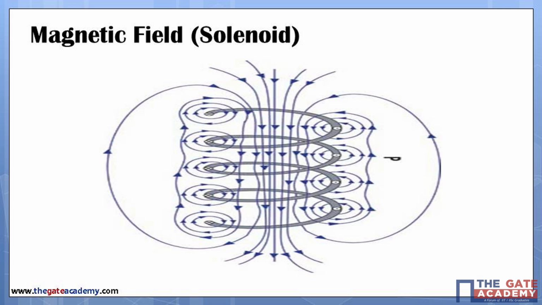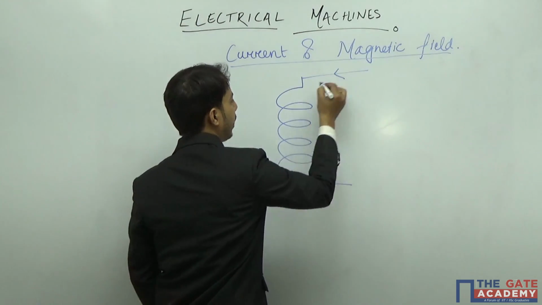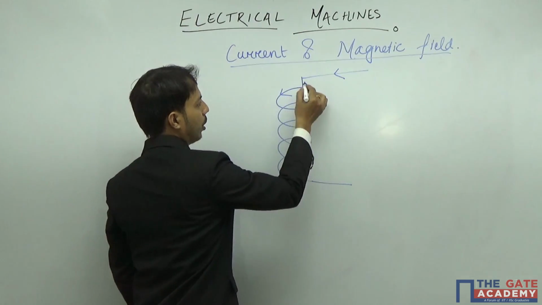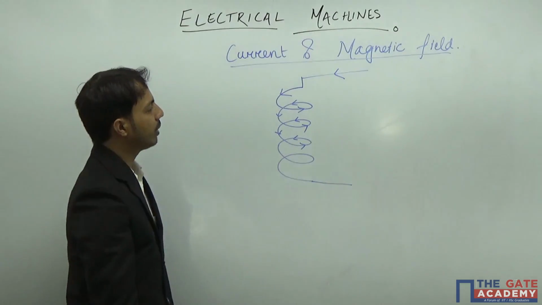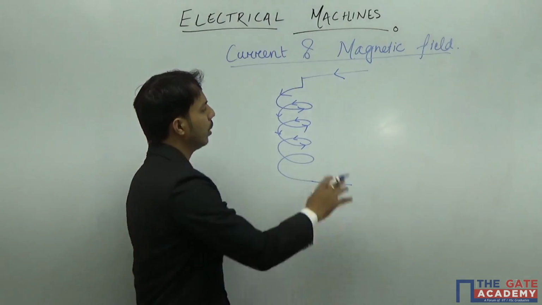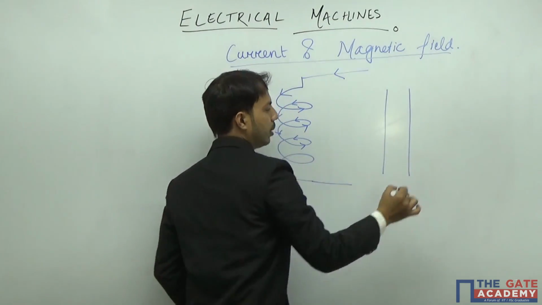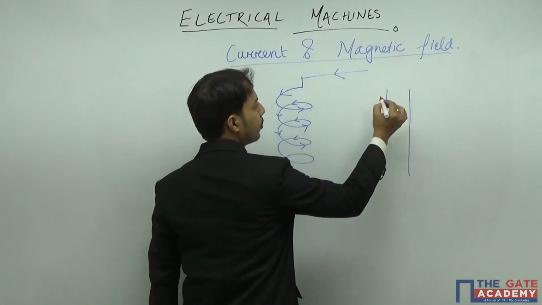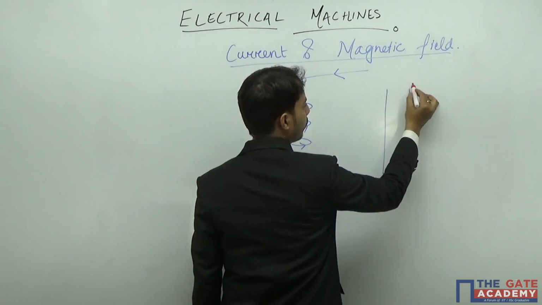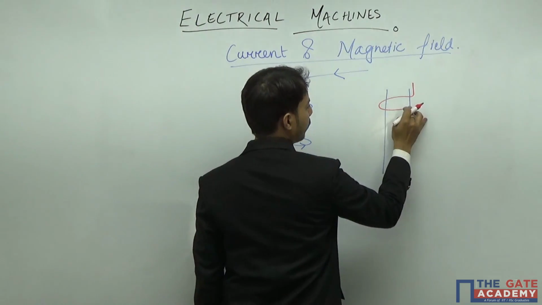Let's take this example, and current is flowing through this in this direction. You see what is happening: this particular coil is wound in this direction.